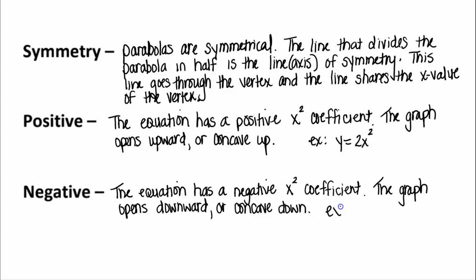So an example here would be y equals negative 3x squared. That negative 3 is going to cause that to be a concave down graph.